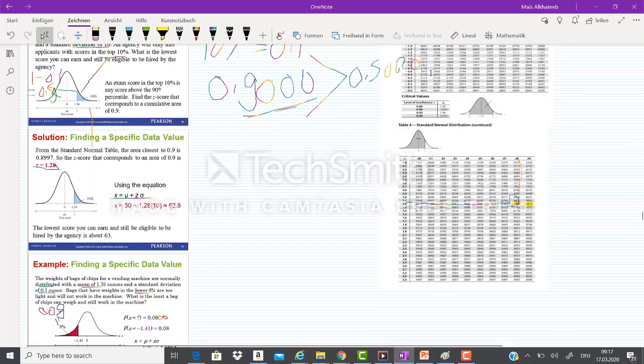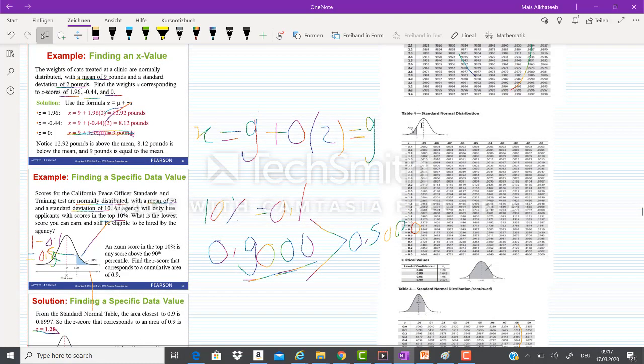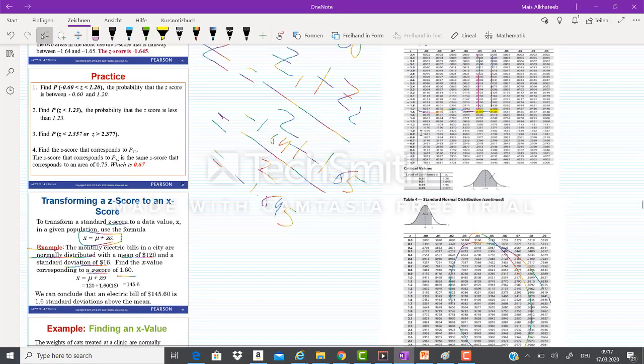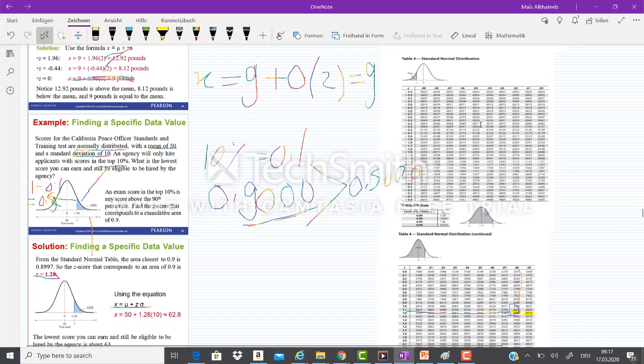So we will go to the negative table and search for 0.08. Again I didn't find the same value. I find the two nearest values, which are 0.0793 and 0.0808.